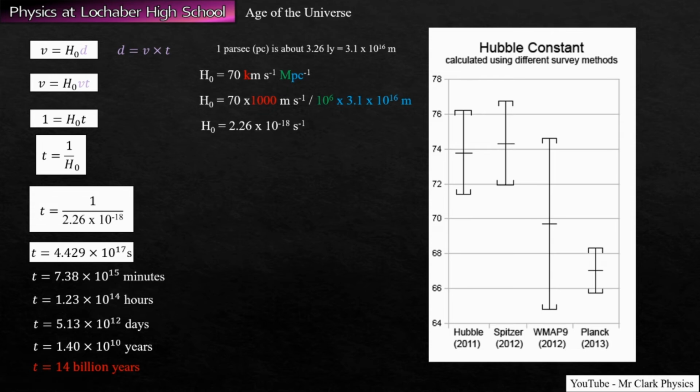Now, based on our studies of how stars form, that also matches up quite nicely. That gives us enough time for 2 to 3 generations of stars to be created, to go through their life cycle, to explode and to scatter. That's quite nice. For reference, current estimates put the planet Earth at about 5 billion years old.